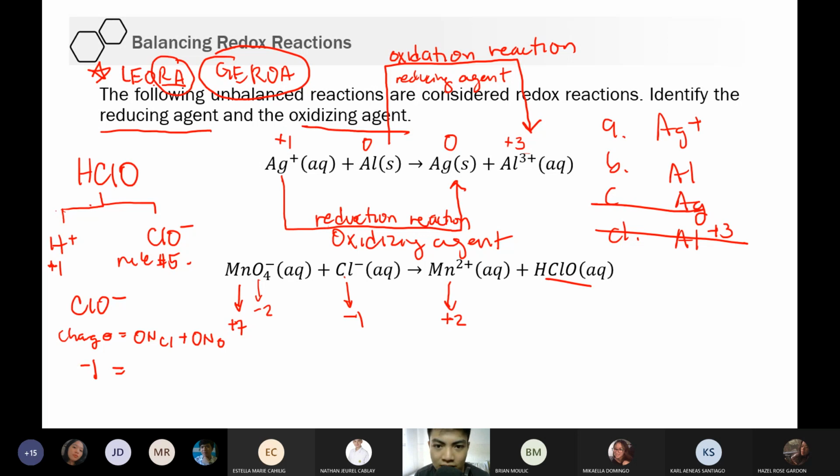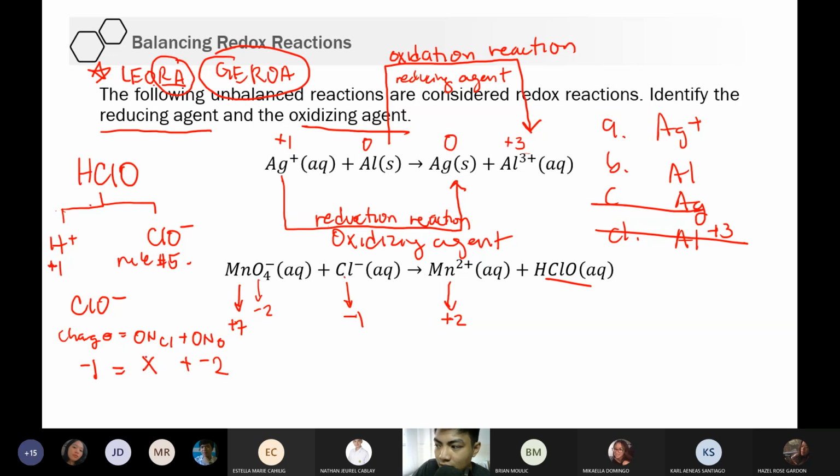Okay. Masunurin talaga yan si oxygen. Always negative 2 siya kahit anong mangyari. Okay. So, yun yung sasabihin ko. So, between the two, oxygen, mas masunurin siya kaysa kay chlorine. Okay. So, kasi kumakabit lang naman siya eh. Si chlorine yung nagbabago eh. Kaya yun. Yeah, oxygen follows the rule, so that means it is always negative 2 talaga.